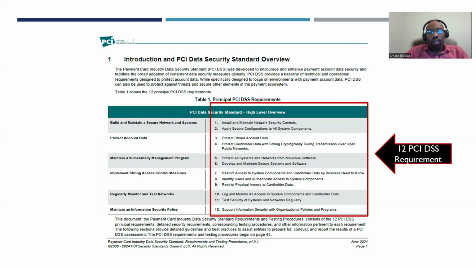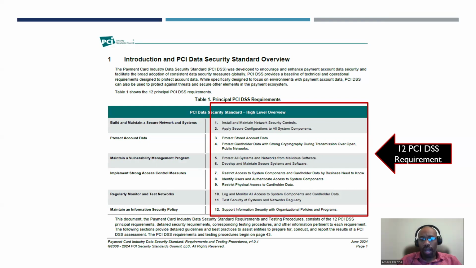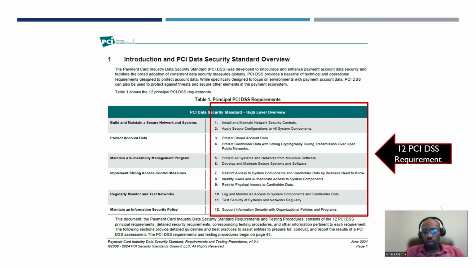Then within these 6 goals, we have 12 requirements. One is to implement and maintain network security controls. Number two is to apply secure configurations to all system components, and all these terminologies we will learn about in the glossary.